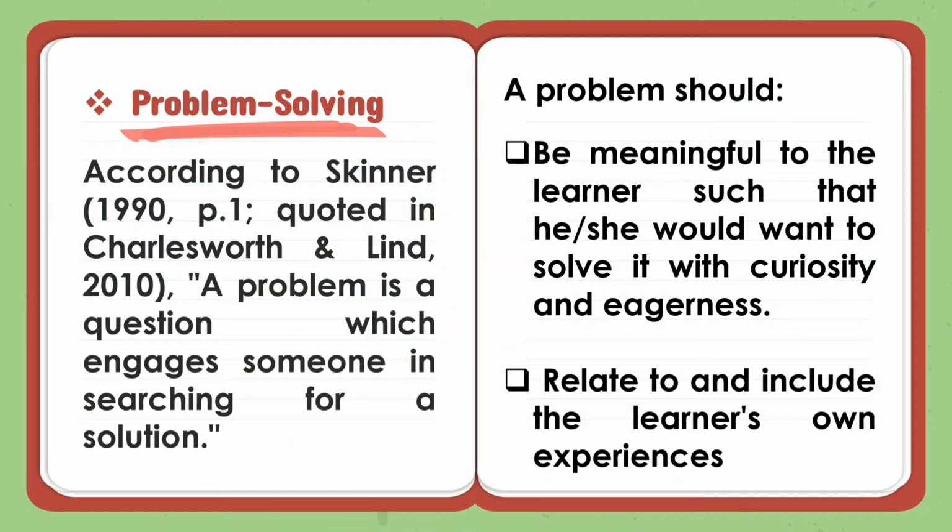According to Skinner, 1990, page 1, quoted in Charlesworth and Lind 2010, a problem is a question which engages someone in searching for a solution. A problem should first be meaningful to the learner such that he or she would want to solve it with curiosity and eagerness. Number 2, relate to and include the learner's own experiences.